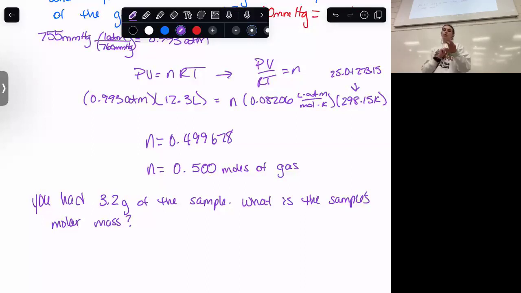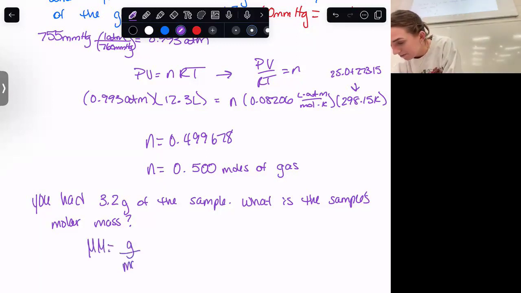So let's say we've already solved it. We already know that we have the 0.5. What's the easiest way to get to our molar mass? Perfect. Yep. We know that molar mass is going to be grams per mole. So we can just plug in our 3.2 grams over our 0.5. We'll end up with 6.4 grams per mole.